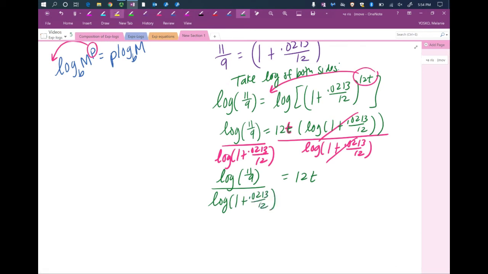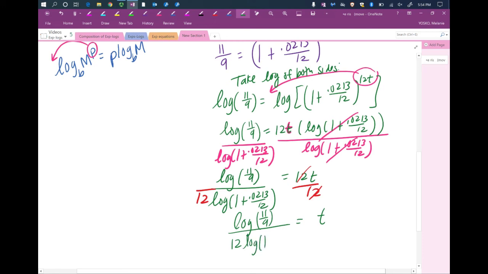Now, I still want t by itself. So I still have to take care of that 12, right? So I'm going to divide by 12. And here I'm going to divide by 12. So it's on the bottom here as well. So those will cancel. So you end up with t equals log of 11 over 9 divided by 12 times log of (1 plus 0.0213 over 12).